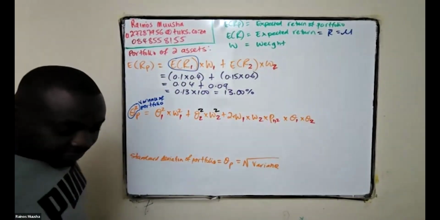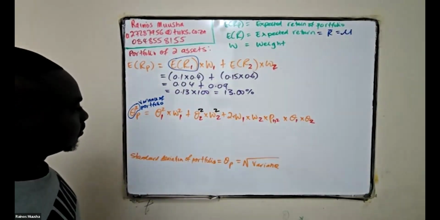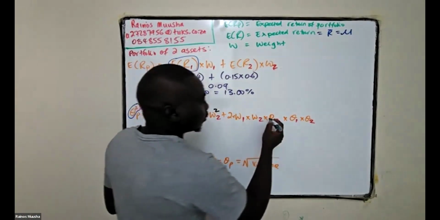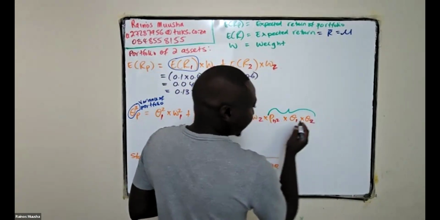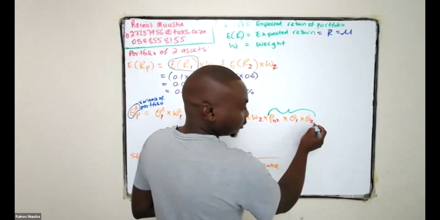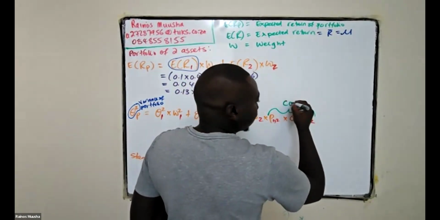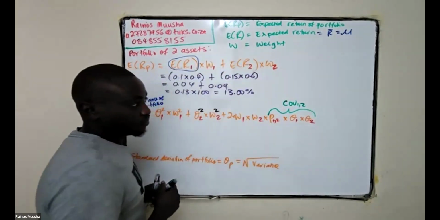Now, looking at the variance for a two-asset portfolio, please take note. The correlation coefficient of asset 1 and 2 multiplied by the standard deviation of asset 1 multiplied by the standard deviation of asset 2 represents the covariance of asset 1 and 2.